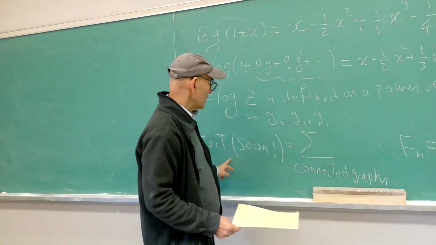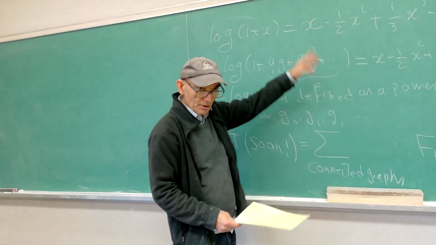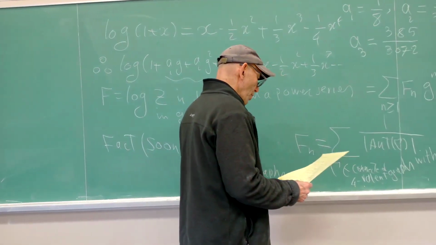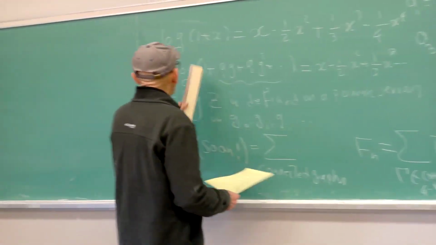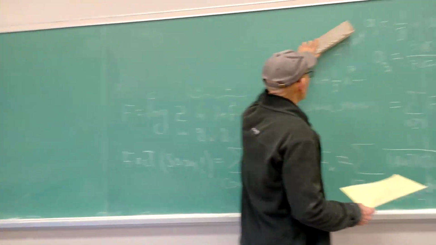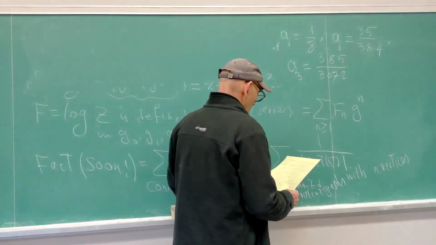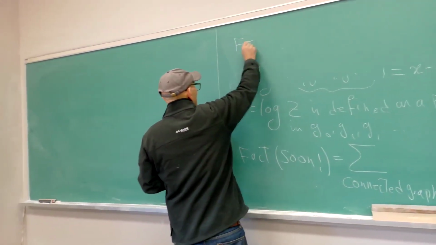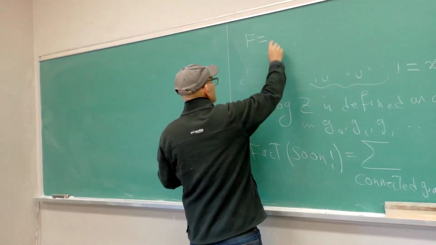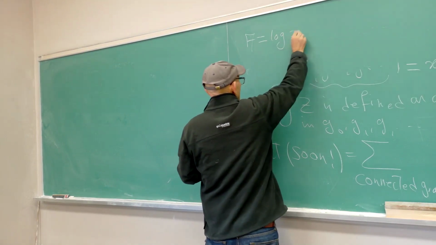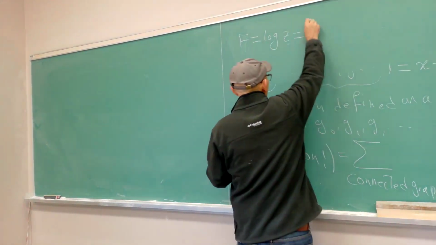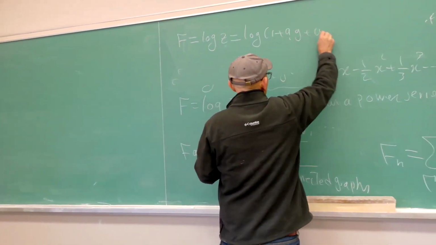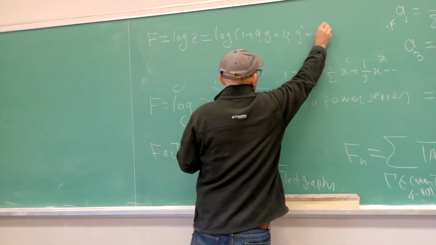Okay, so now let us test this claim, this theorem, in our example. I mean, what happens to our example? So we just had that f equal to log z turns out to be equal to log of 1 plus a1 G plus a2 G2 and so on.